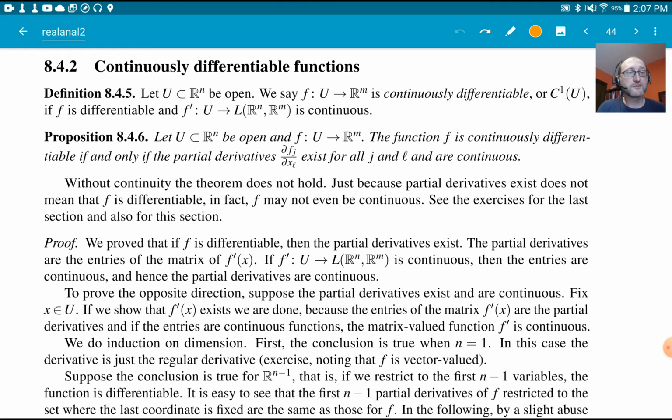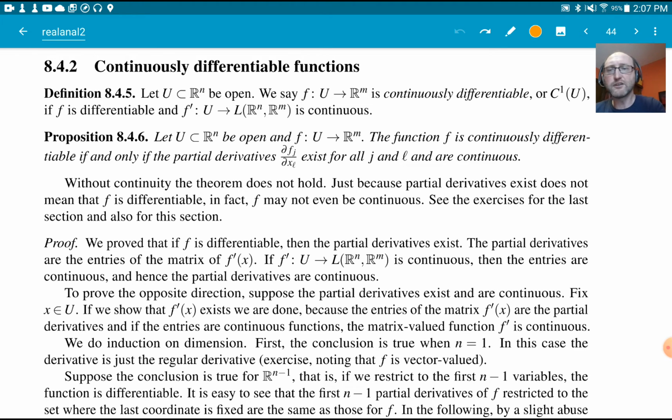All the partial derivatives could exist, but the function might not be differentiable. The function might not even be continuous. But if the partial derivatives exist, and if they're continuous, then the function is differentiable, and of course, then the derivative is continuous. So that's this proposition over here.